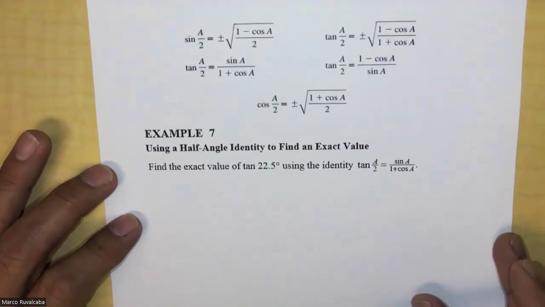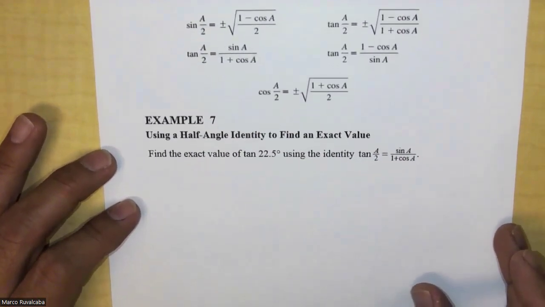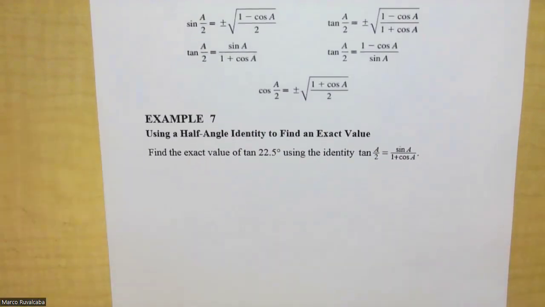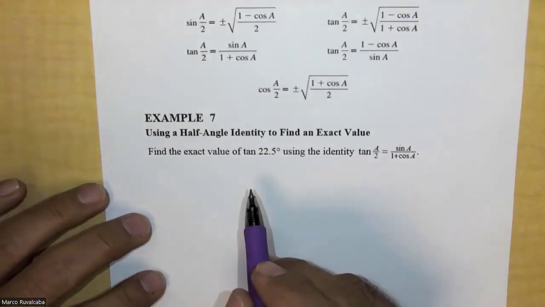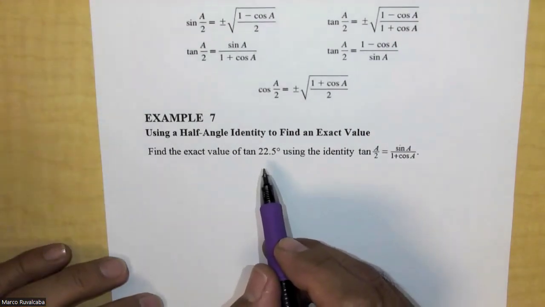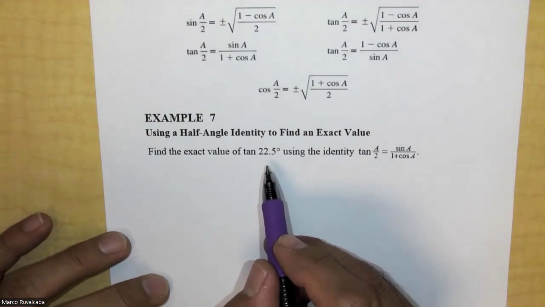And then the last example we're going to do here is using a half angle identity to find an exact value of a trig function. So find the exact value of the tangent of 22.5.